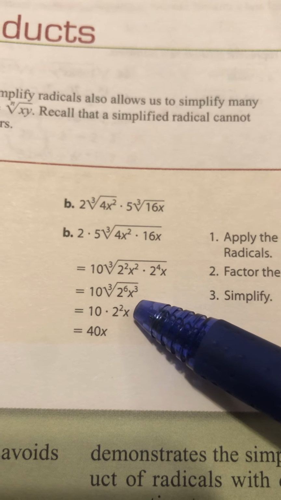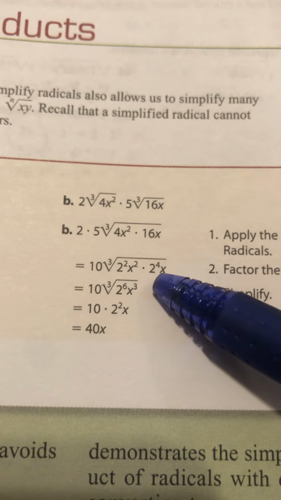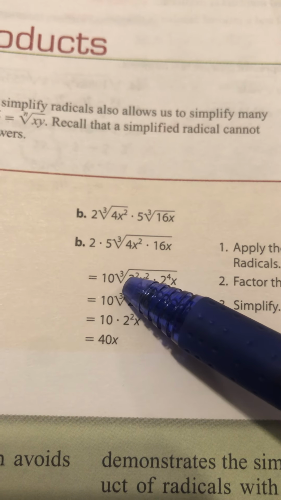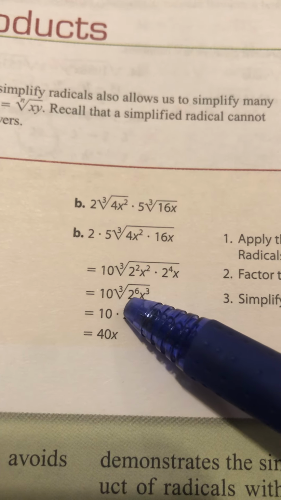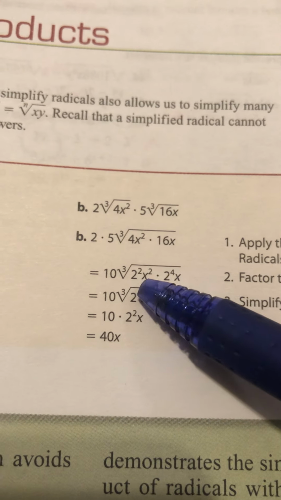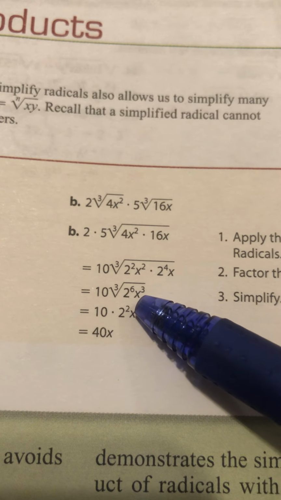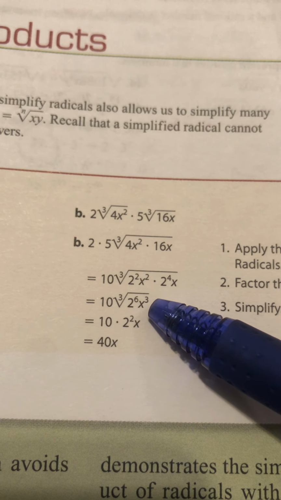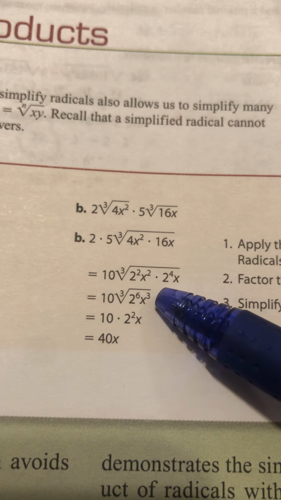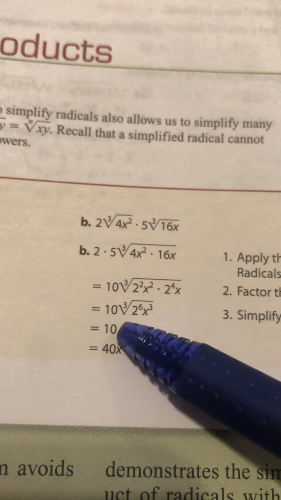They combined terms that they could, so 2 and 2 gave you 2 to the sixth. x and x gave you x to the third. Since it was x to the third, it can come out of the radical, because that's what we needed.